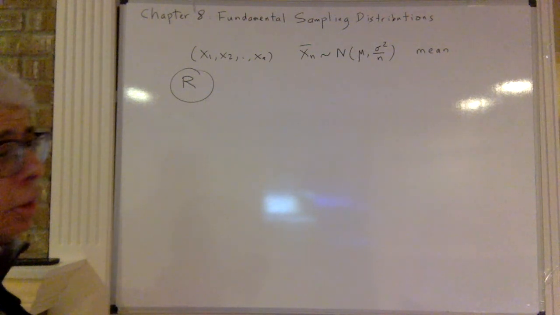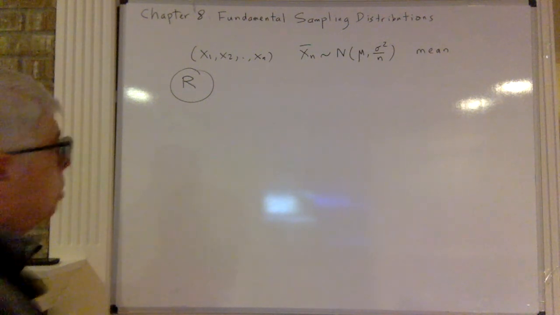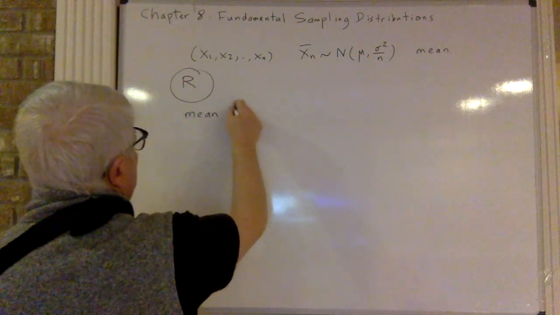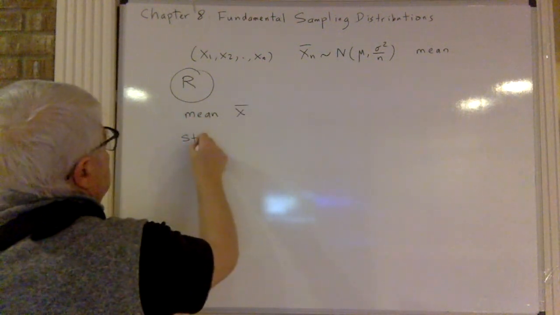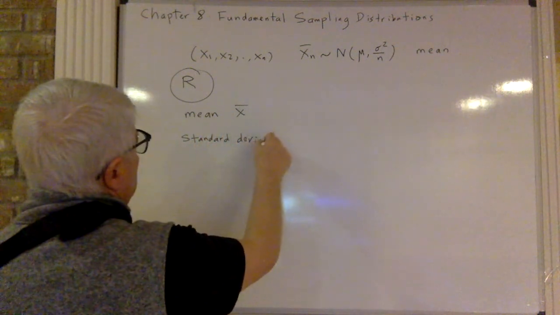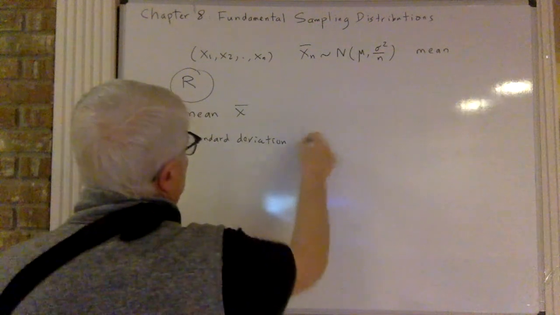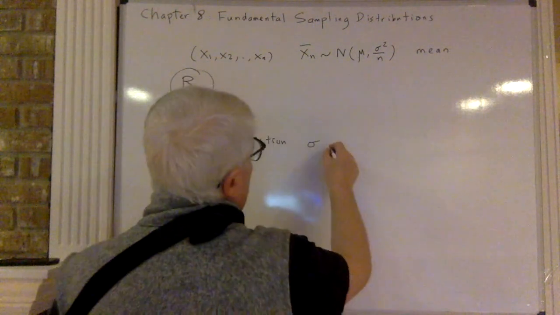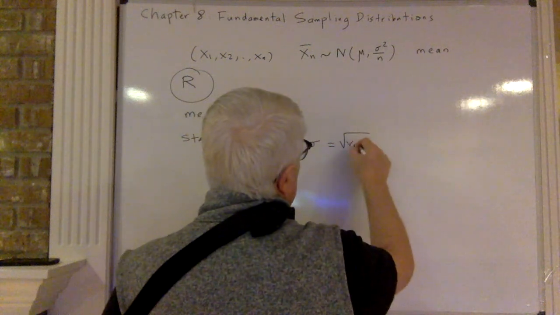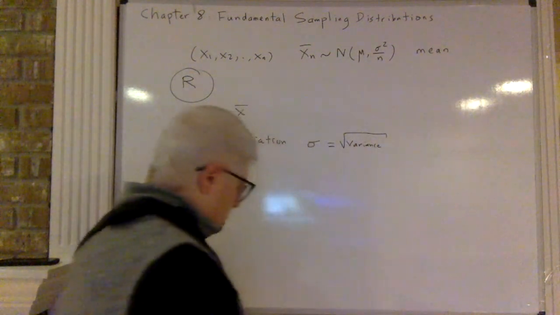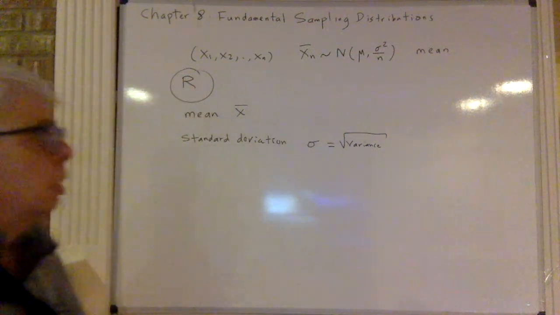If you need standard deviation, which is sigma, so mean is x bar, and standard deviation is sigma. Sigma, in fact, is the square root of variance. And remember, variance is, in fact, positive.